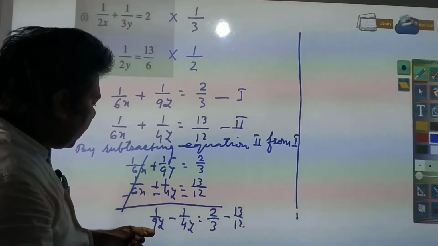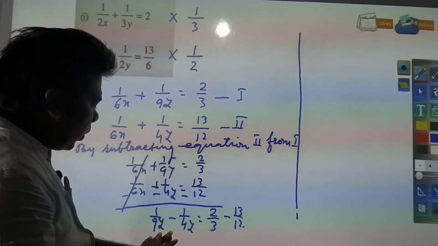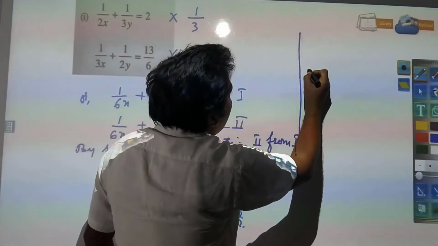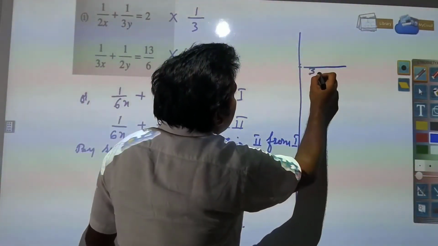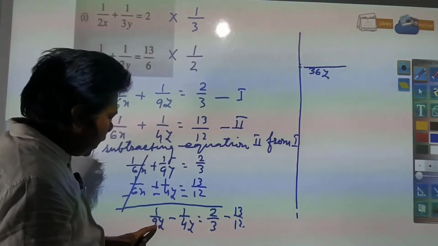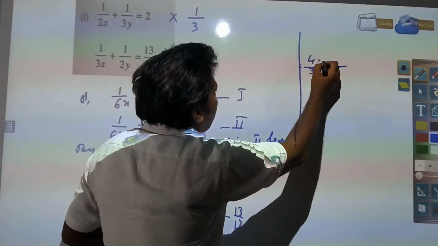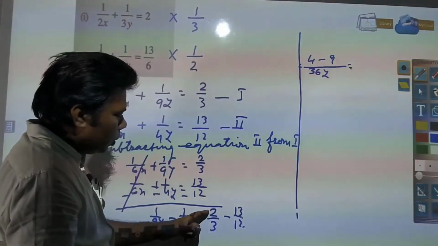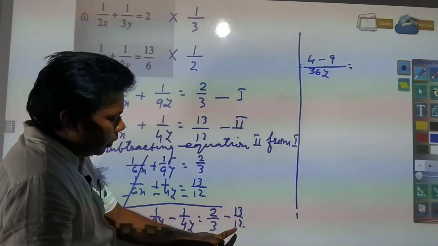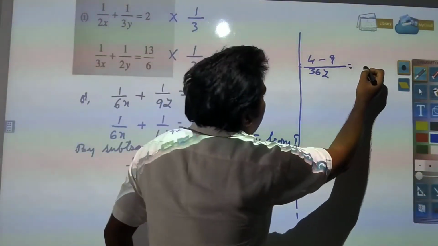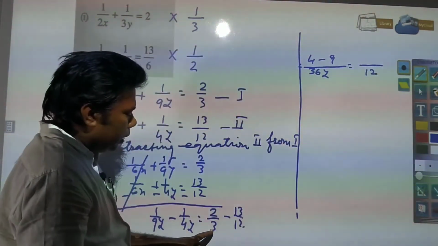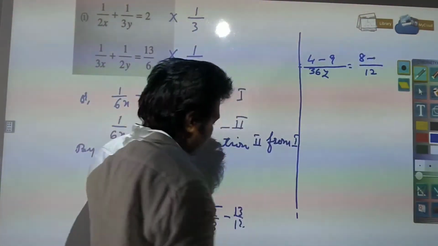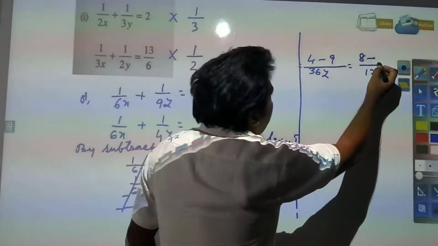Here you see 1 by 9y and 1 by 4y you have. So the LCM will be 36y, and here you will have 4 minus 9, and that is equal to 2 by 3 and 13 by 12 you have. Your LCM will be 12, and here you will have 3 fours are 12 and 4 twos are 8, minus 13.